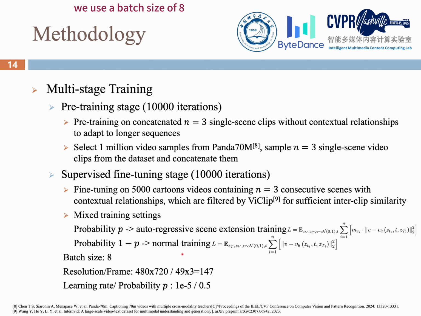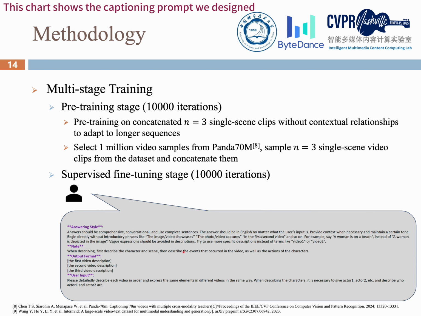For training, we use a batch size of 8, resolution of 480 by 720, and a learning rate of 0.00001. This chart shows the captioning prompt we designed for Gemini to generate consistent descriptions across multi-scene cartoon videos.